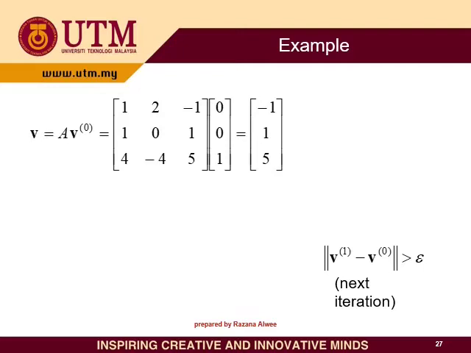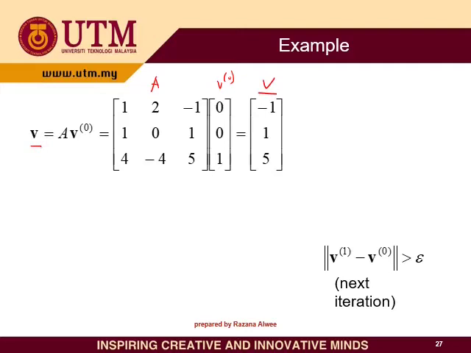The first step when we want to solve this problem is to find the vector v. We have our matrix A and our starting vector, the initial vector v0. You multiply them and you get your v. The second step is, from the v that we found, to find the largest absolute value.